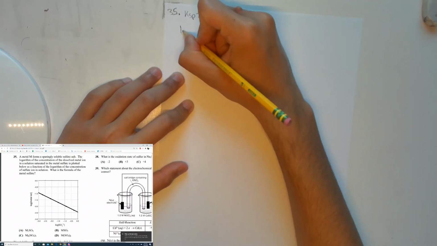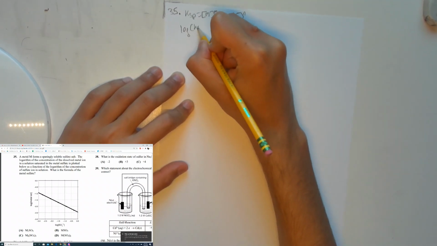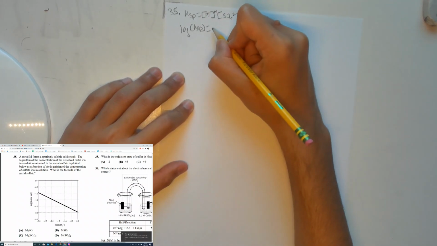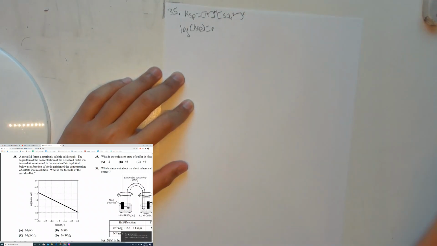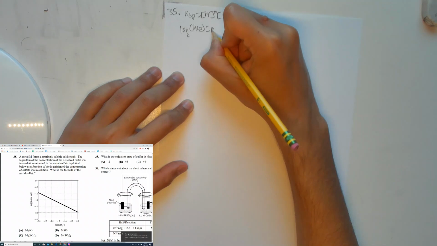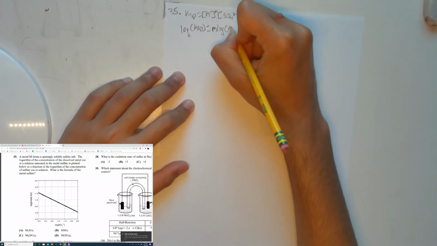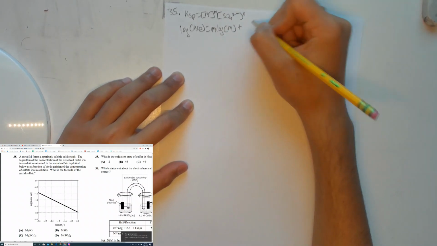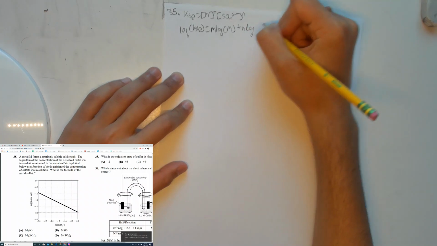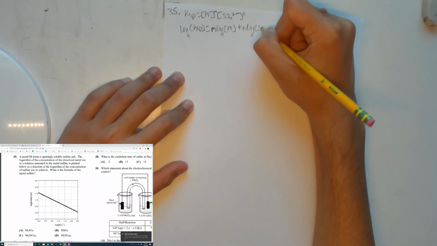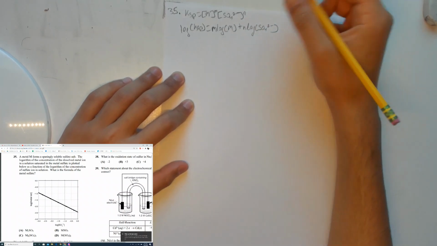If you take the log of both sides, using your logarithm rules, this can be written as: log Ksp equals m log M plus n log of the concentration of SO4 2 minus.